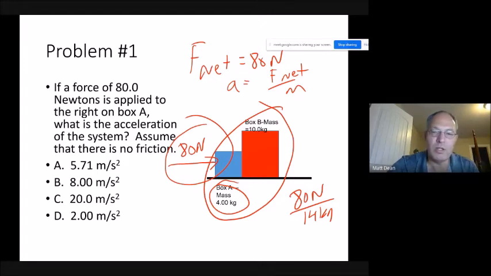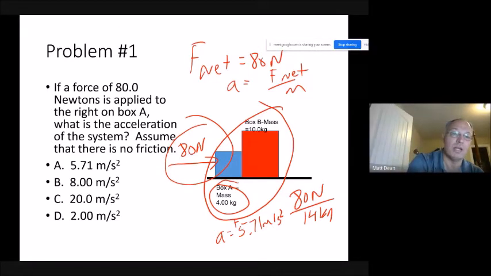And we end up with an acceleration of 5.71 meters per second squared. And that's positive 5.71, which means 5.71 meters per second squared to the right. So answer A looks good. That's the acceleration of not only box A, but it's also the acceleration of box B. It's the acceleration of the whole system.